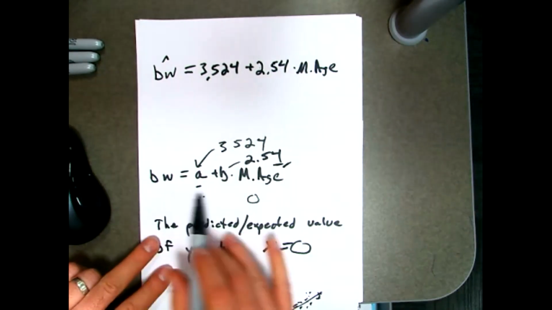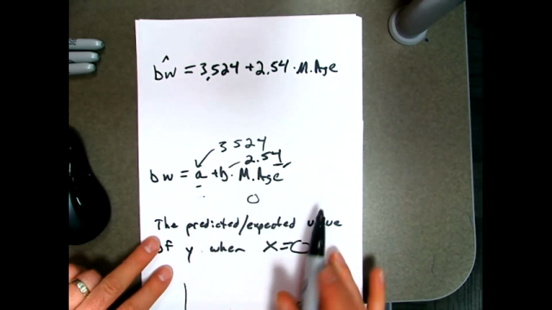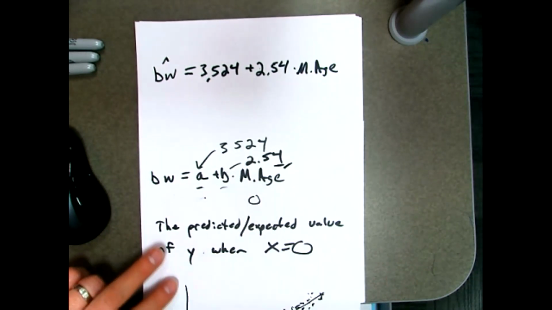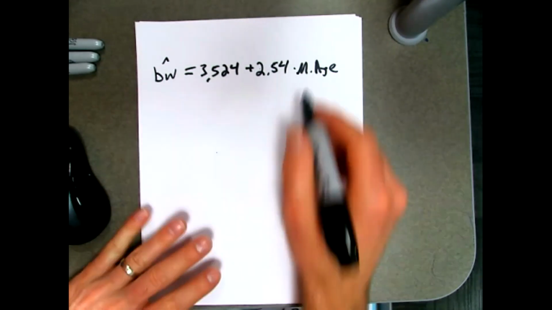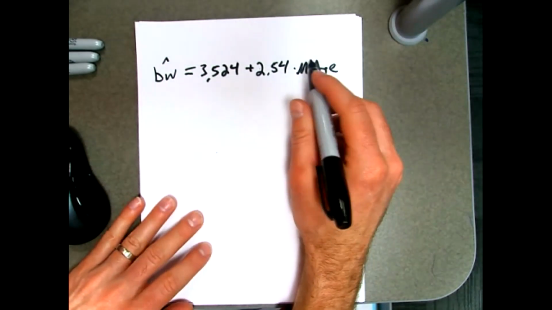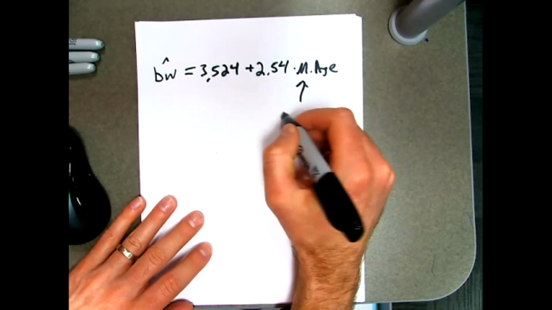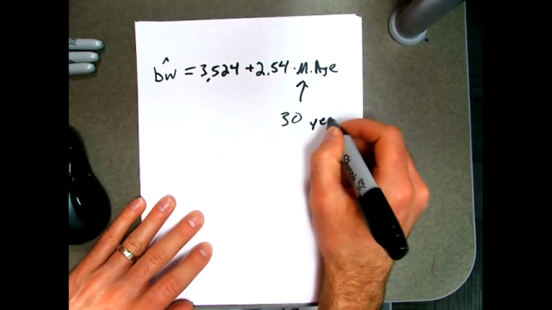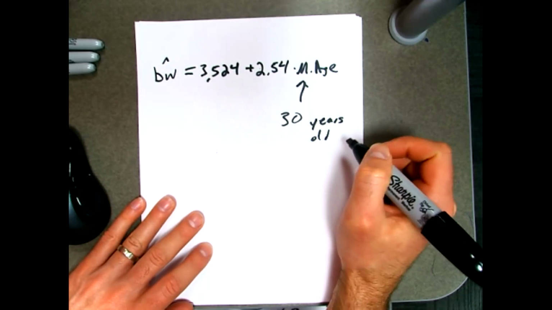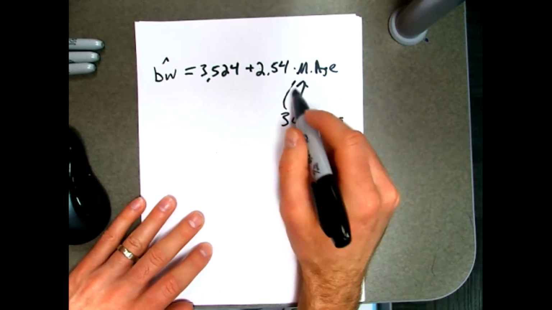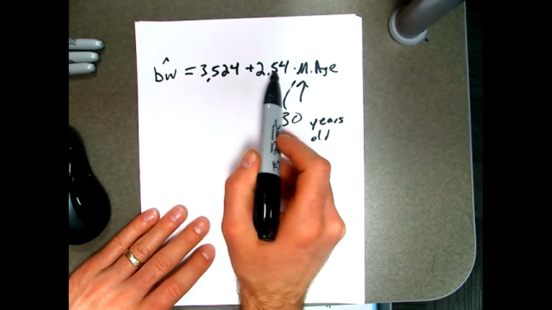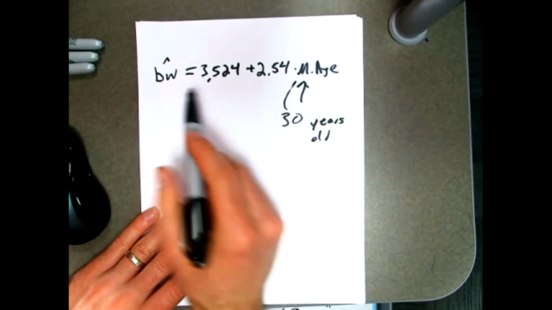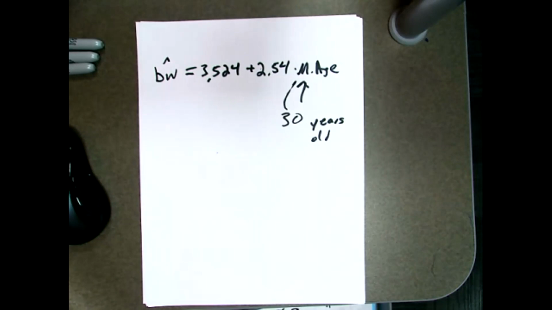So all I'm doing is taking this linear regression equation. I've now got estimates for this line of best fit. So what I could now do is come up with predictions for maybe a mother who is 30 years old. All I would do is plug in that X value of 30. Now I've got a very simple equation, 3,524 plus 2.54 times 30. That would give me my predicted birth weight.